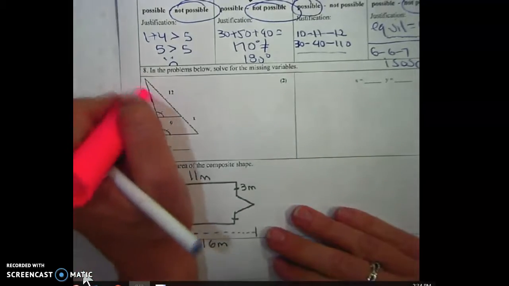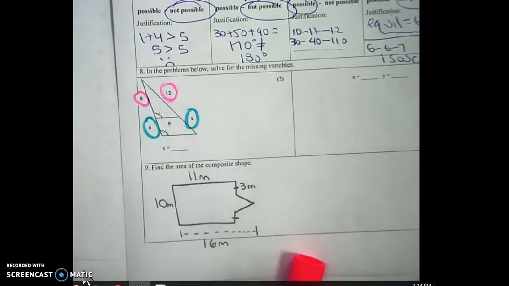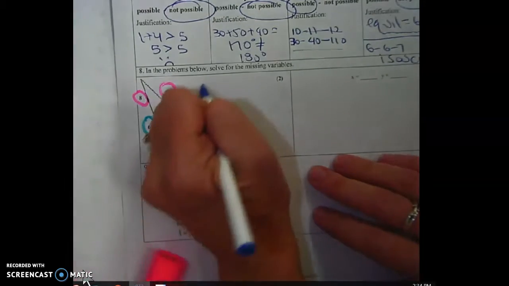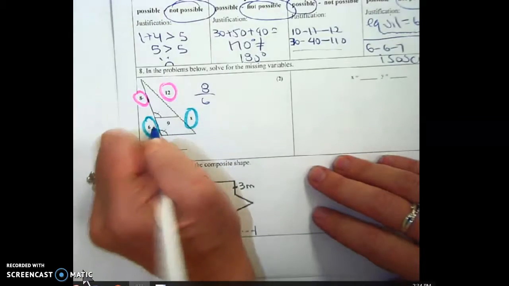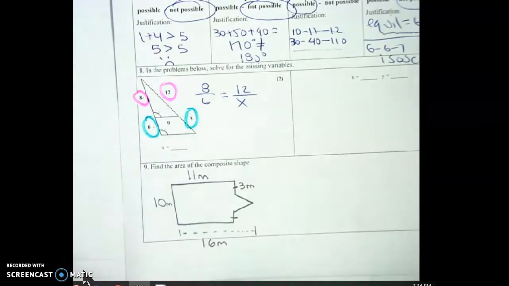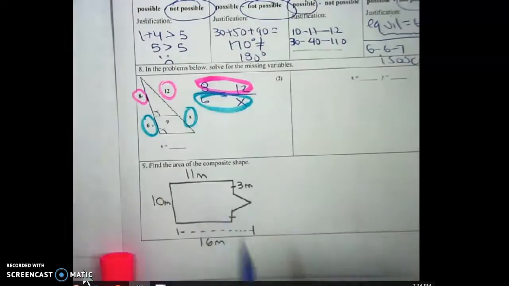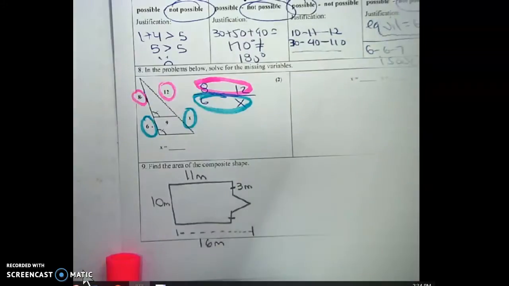Proportion. So that's the same as that. That's the same as that. So as long as you set it up and it matches up, so I would go 8 over 6, so pink, blue, equals pink, blue. So if you look, pink's on top, blue's on bottom. I could have also done this instead.